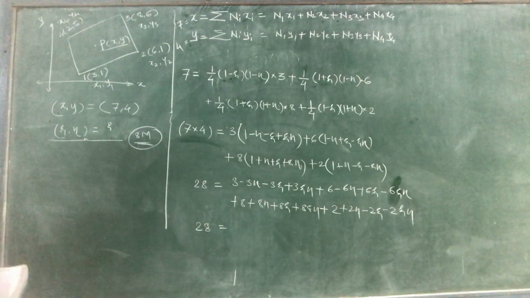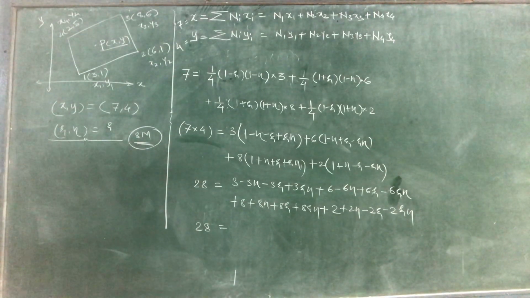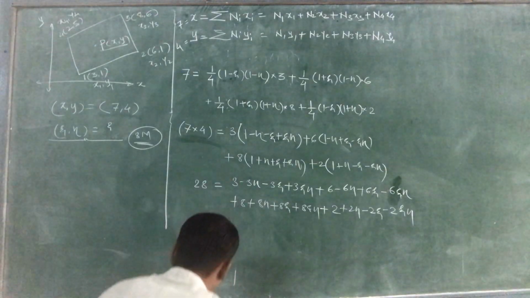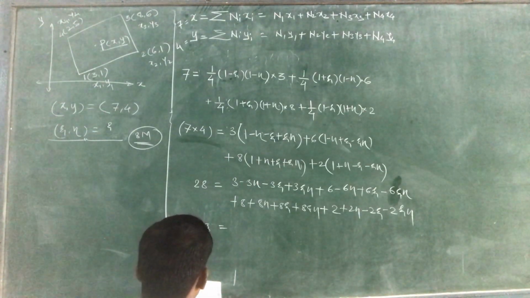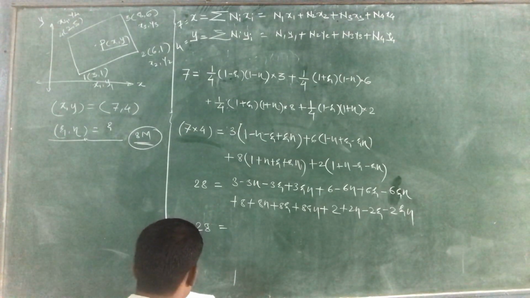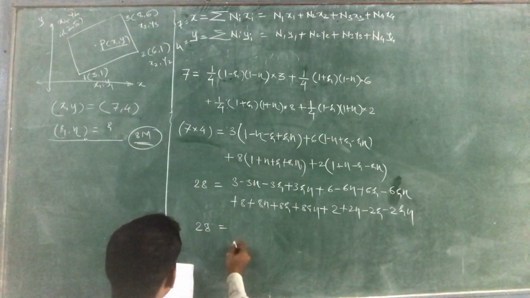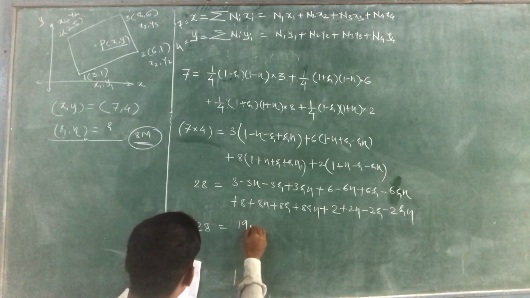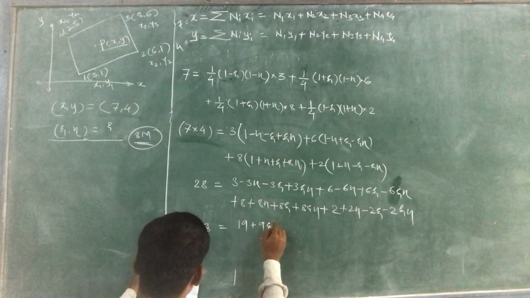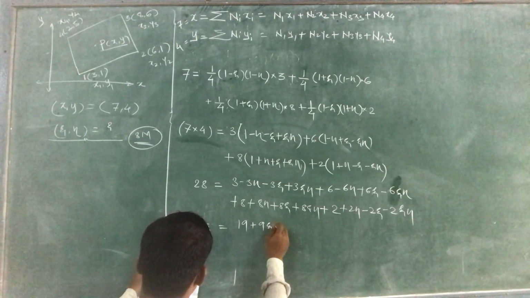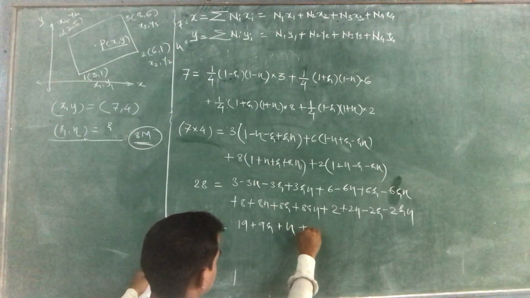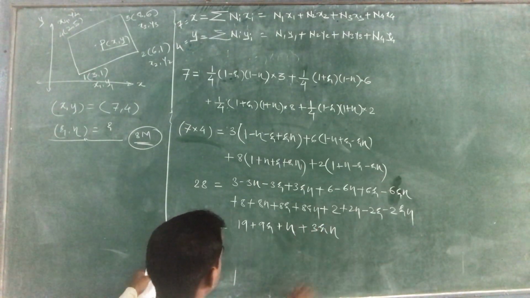by subtracting and adding similar terms you will finally get the equation as 19 plus 9 zeta plus eta plus 3 zeta eta.